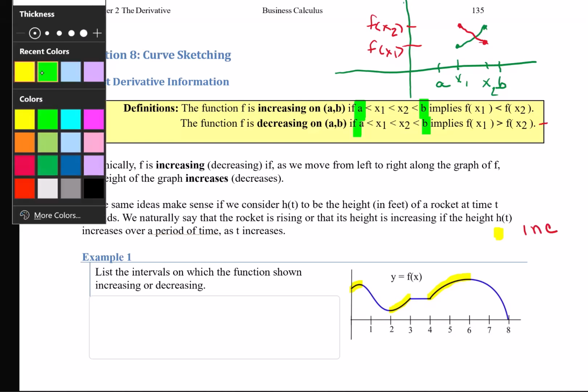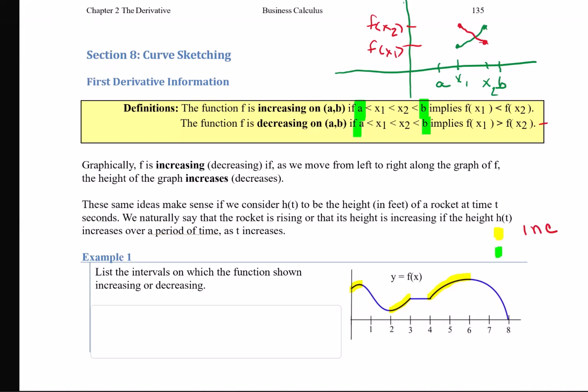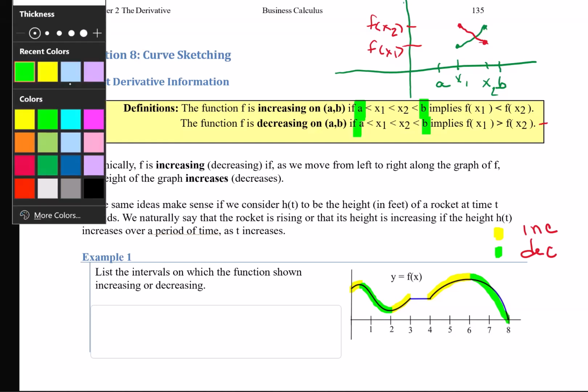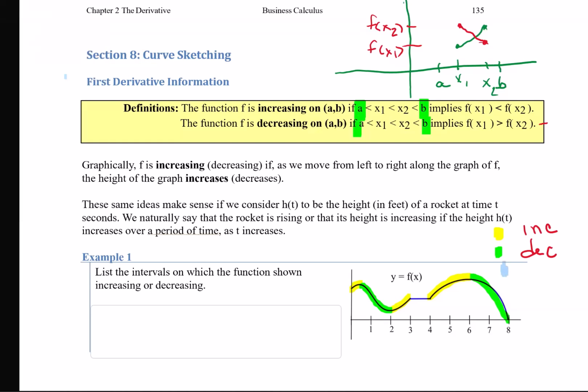Let's say green is decreasing. So where is it decreasing? Well, from here to here, it's decreasing, and from here to here, it's decreasing. And when it's flat, it's constant.